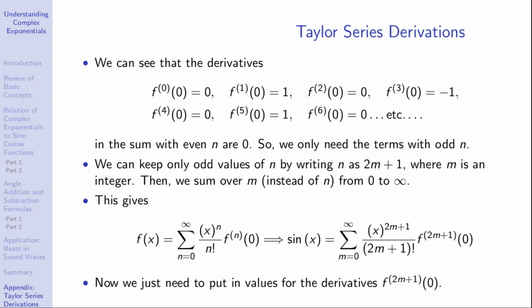We had that f of x is equal to the sum over n from 0 to infinity of x to the n over n factorial times the nth derivative of f evaluated at 0.